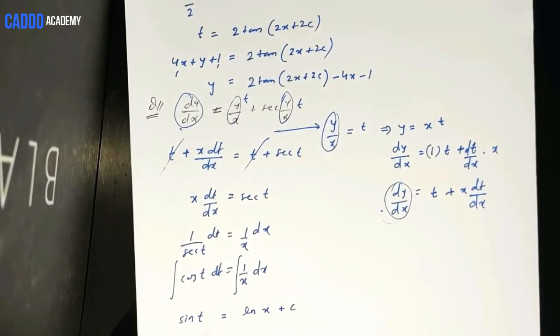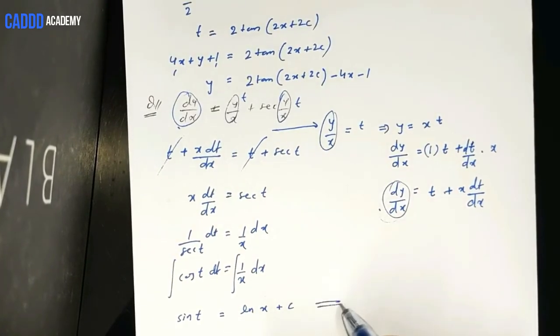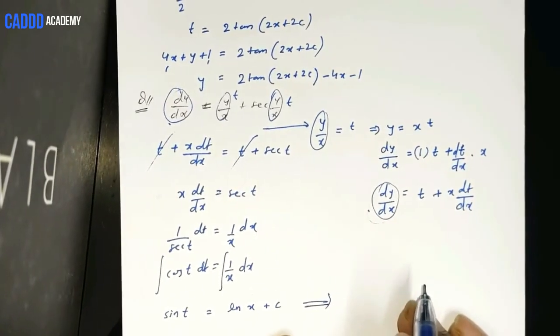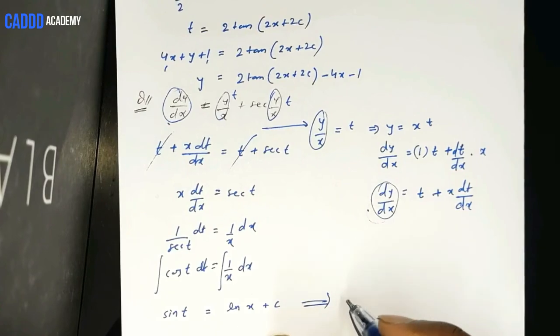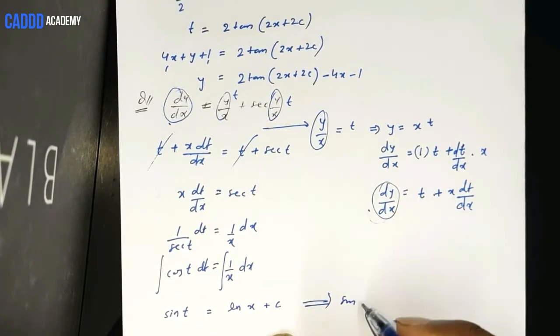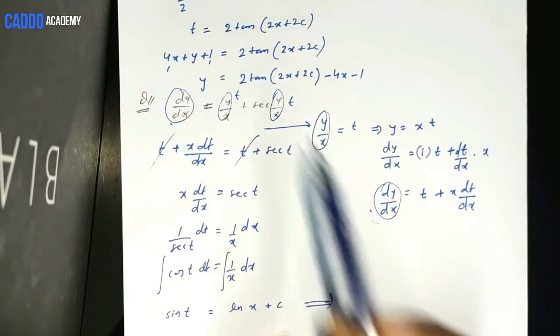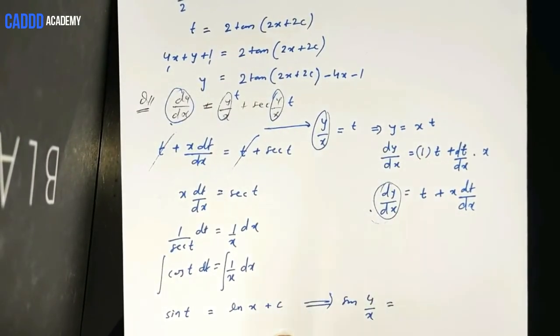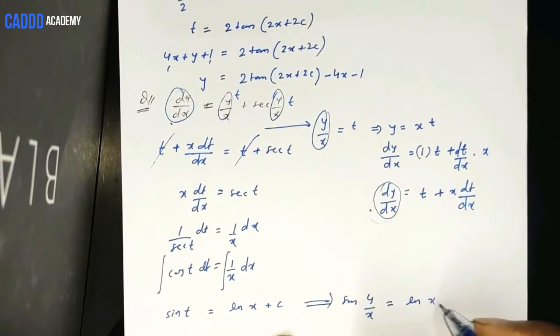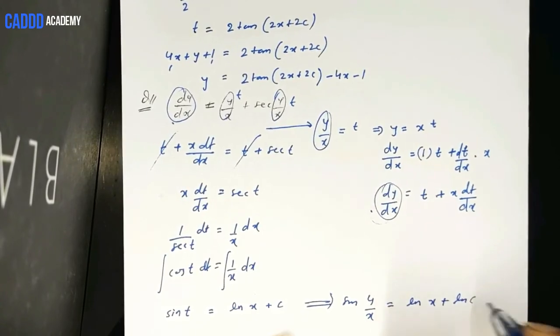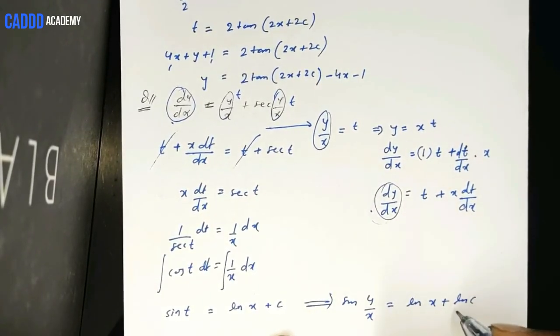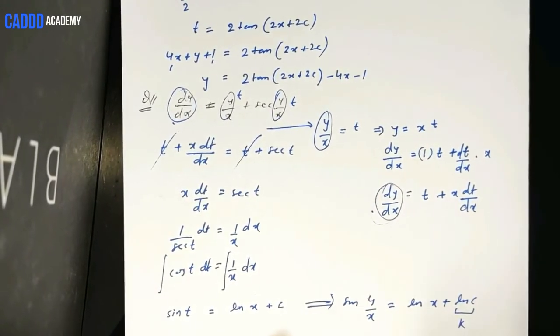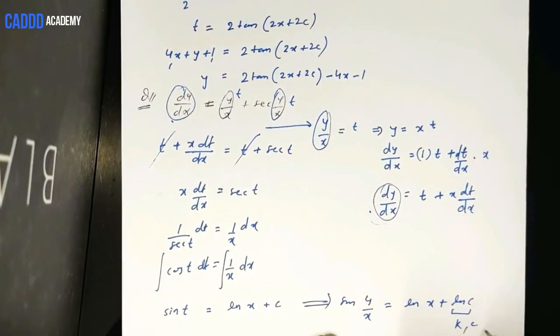So the solution of this equation is, let's put the t value here, sin(y by x), because we have taken t equal to y by x. Putting the assumption back, here we have ln x plus ln c, or rightly we can say it as a constant k or c, whichever you like.